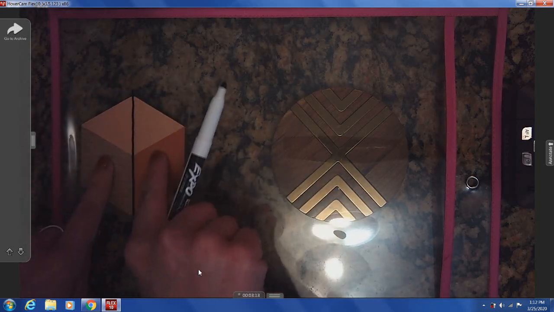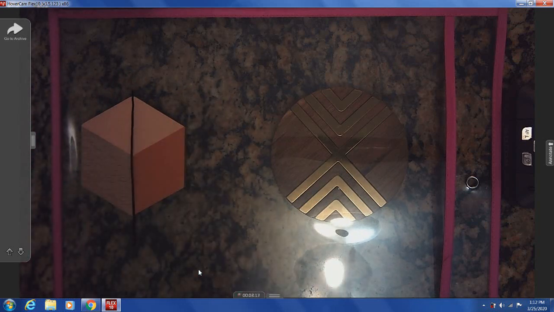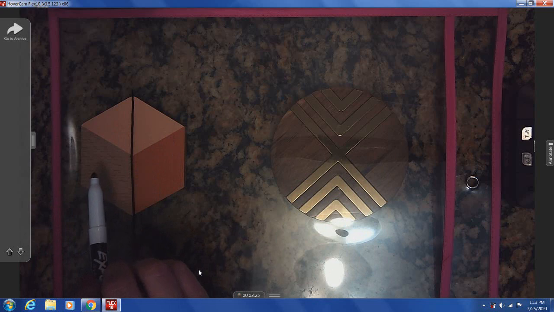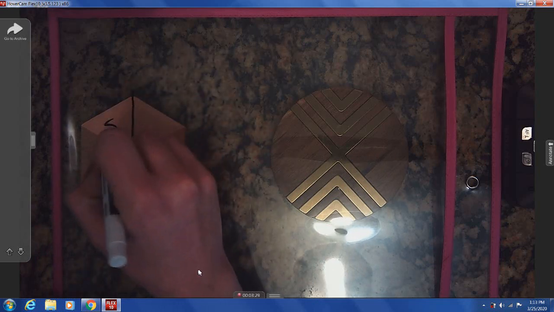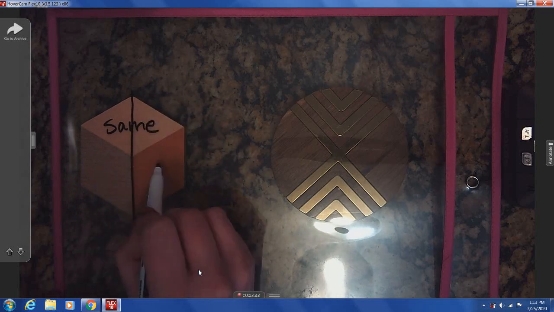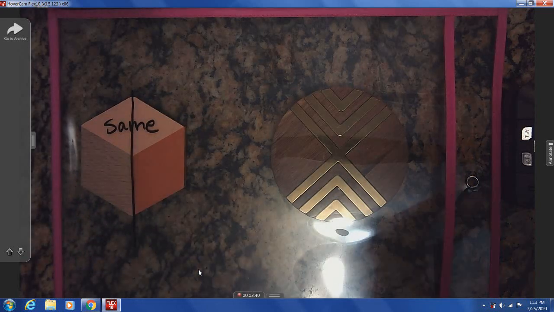But both of these sides aren't the same because look at the colors. We have kind of like an orange beige color here, but this is a brown. It's not the same color. These 2 colors are the same, but these 2 colors are different. So we can't draw a line of symmetry there because the colors aren't the same.